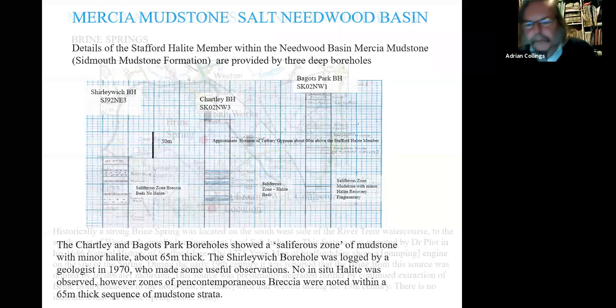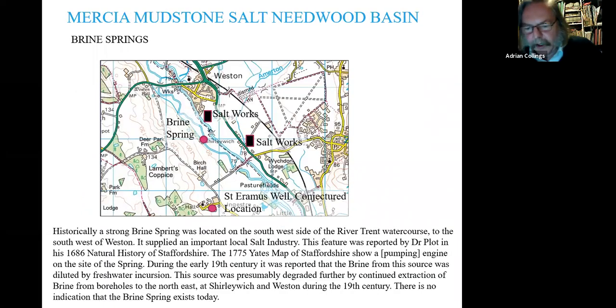There are brine springs associated with the halite in the Needwood Basin. Historically, a strong brine spring was located on the southwest side of the River Trent watercourse to the southwest of Weston. It supplied an important salt industry. This feature was reported by Dr. Plott in 1686, Natural History of Staffordshire.